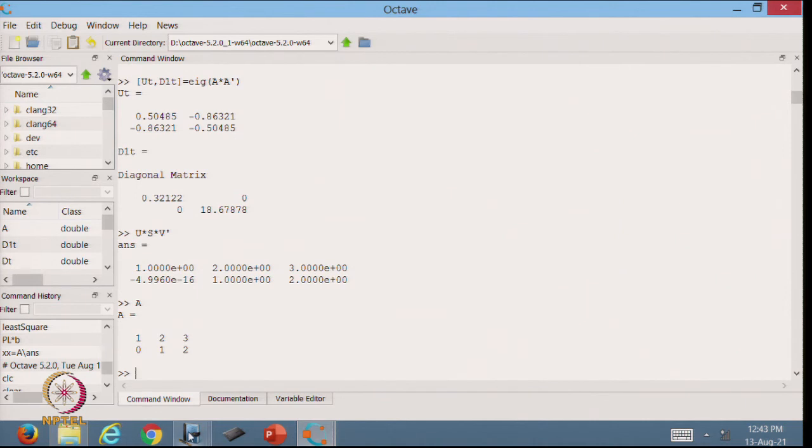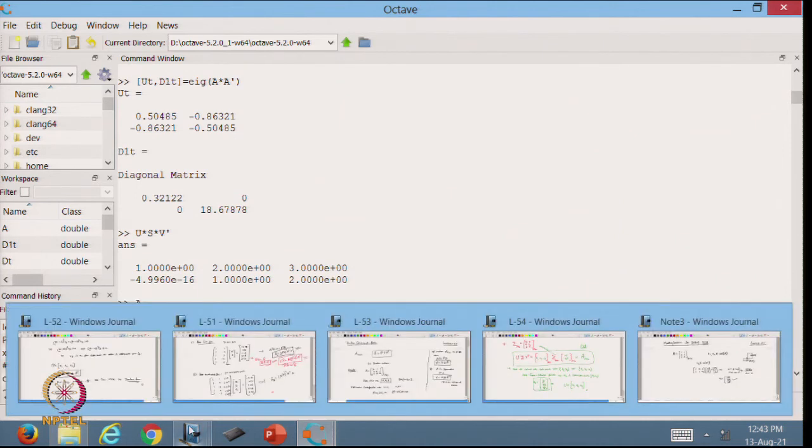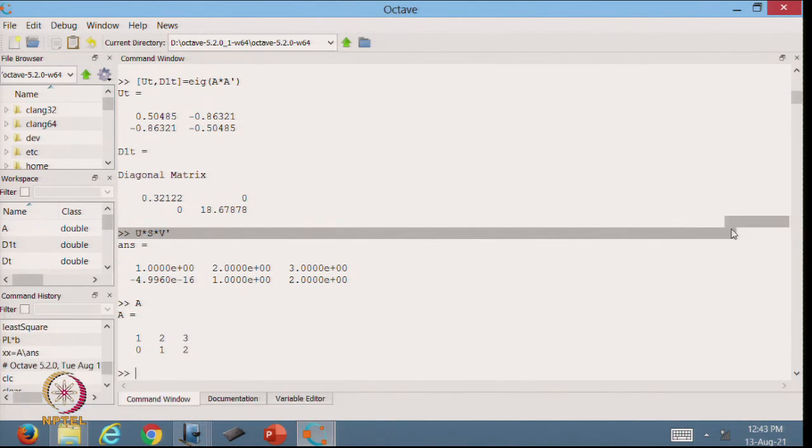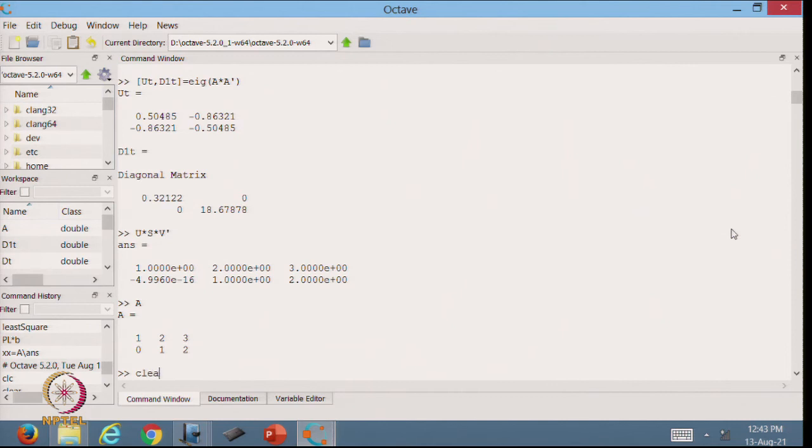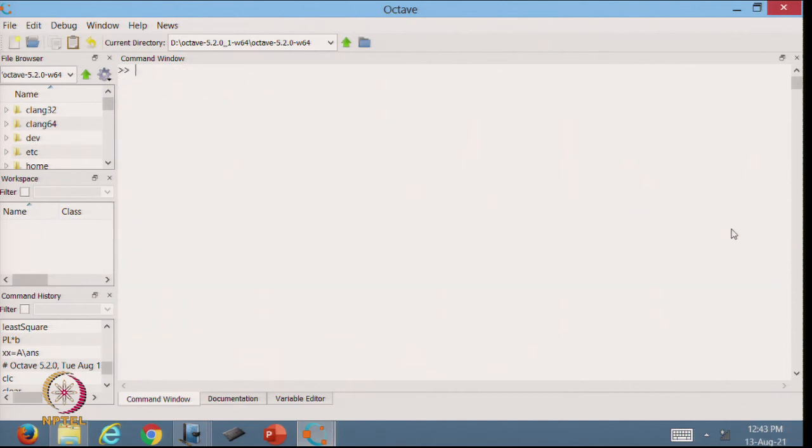Now, let us see what went wrong in the previous example, because now we are able to see why it was not coming. So, let us take A the same as the previous one, it was 1, 1 and then 0, 1 and then 1, 0.